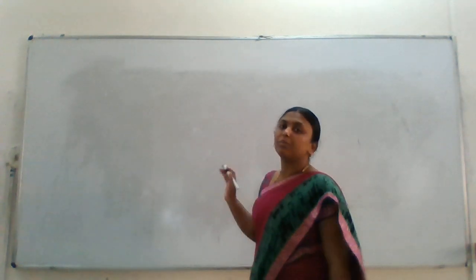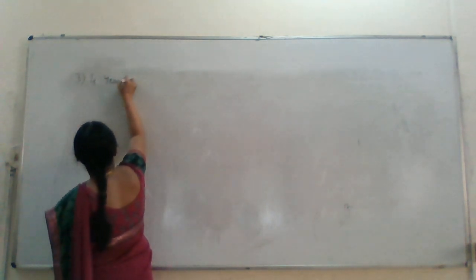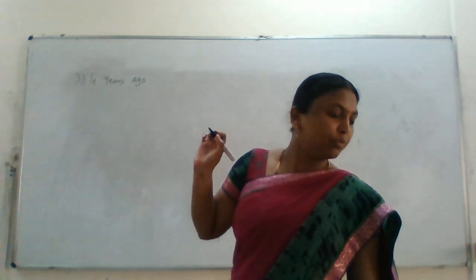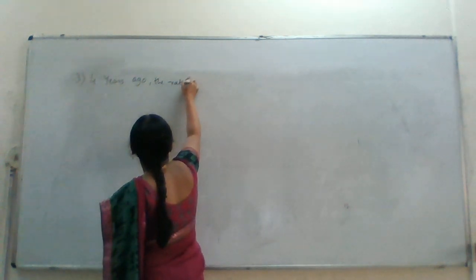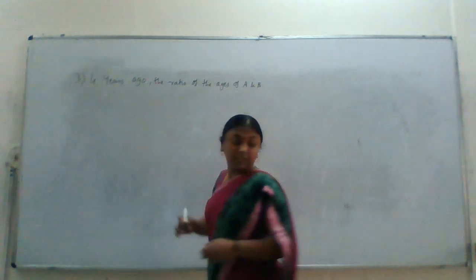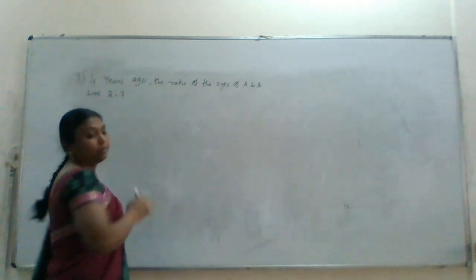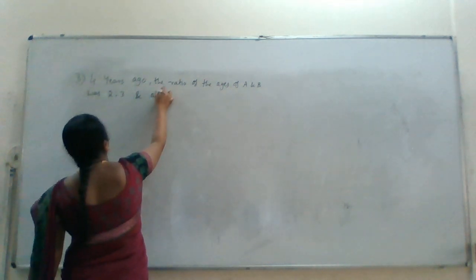Okay, I'll take the next problem on ages. Next question, number 3. Four years ago, the ratio of the ages of A and B was 2 is to 3.